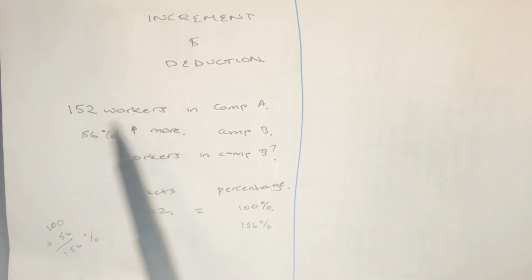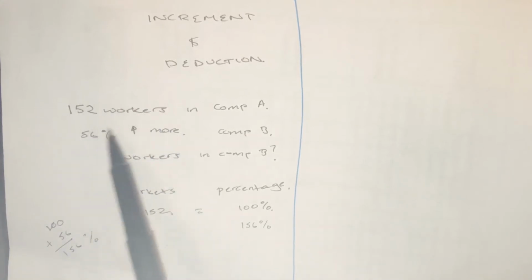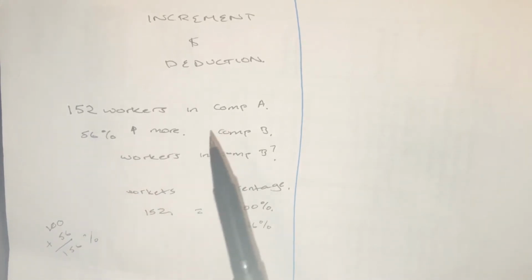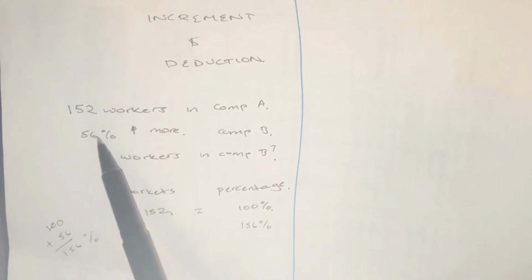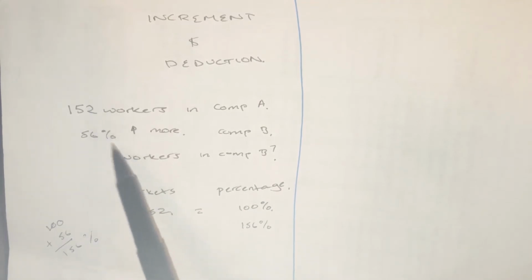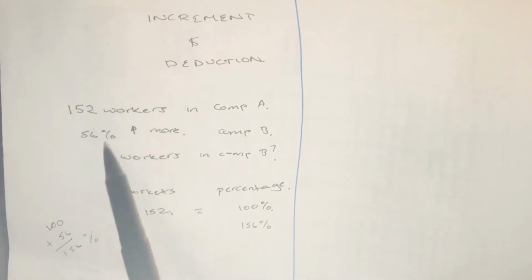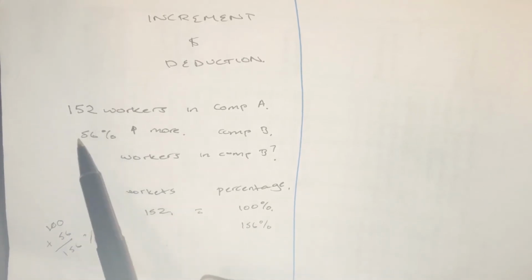So company B has 152 workers, but it has 56% more. So it has 152 workers and then another 56% of 152. So you have two options. Either you find 56% of 152 and add to 152 to find the number of workers in company B, or you use this method where you take 100% plus the 56%.